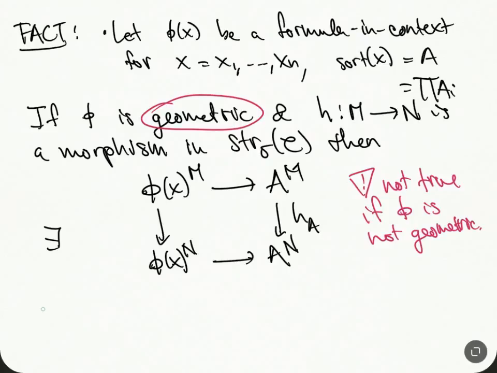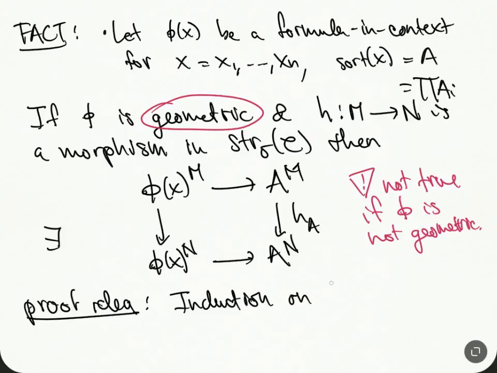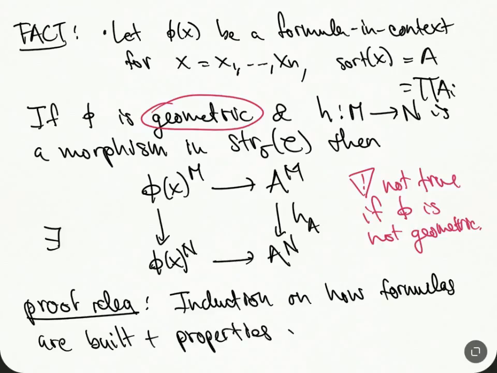So let me say what the proof idea is. The proof idea, as with most of them, and I'll put a reference at the bottom, is induction on how the formulas are built, plus the properties of C. So I guess C needs to be a geometric category in order to interpret a geometric formula.